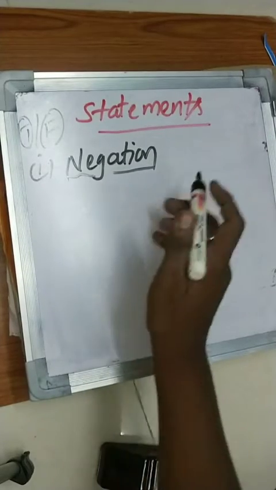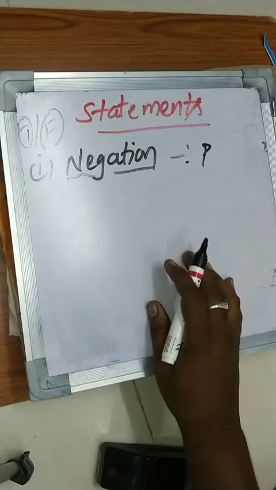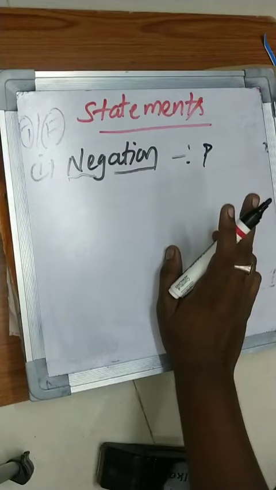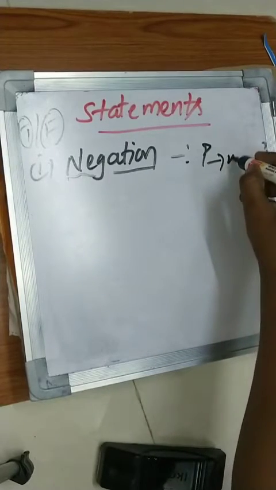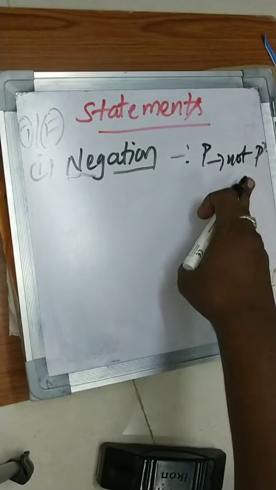Like that, if I take some p as a statement, then its negation can be formed by writing the word 'not' before p, and it will be read as 'not p'.